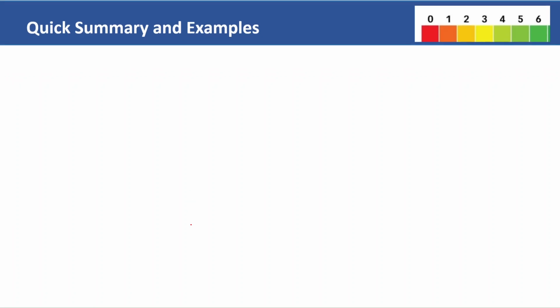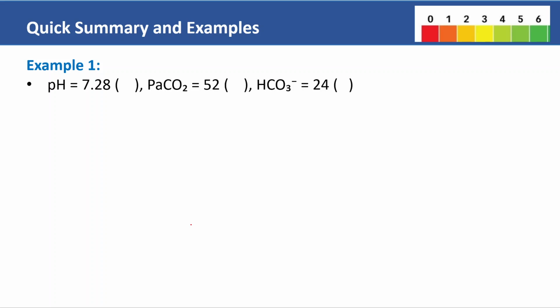Got it? Let me have a quick summary and examples of a couple of things so that you'll be able to become confident. So this is example one. Go along with me. Try it. Okay. So pH is 7.28. If it is less, I have to say it is acidosis. Okay. And bicarbonate is normal.